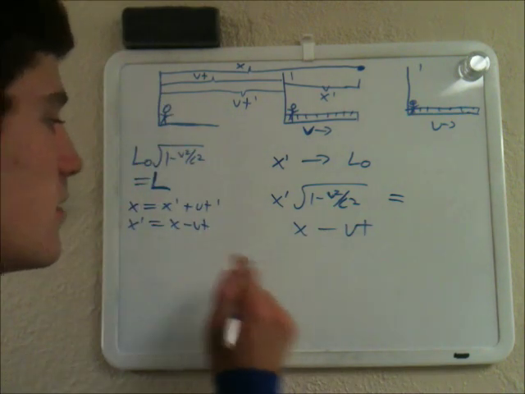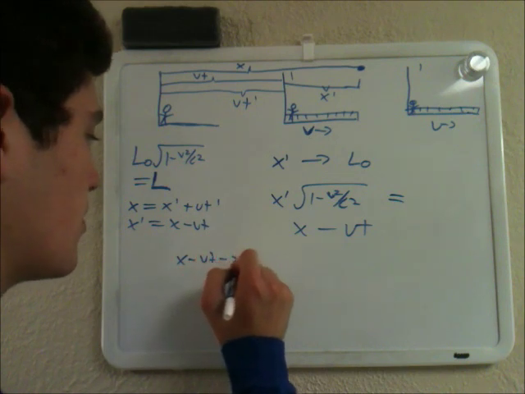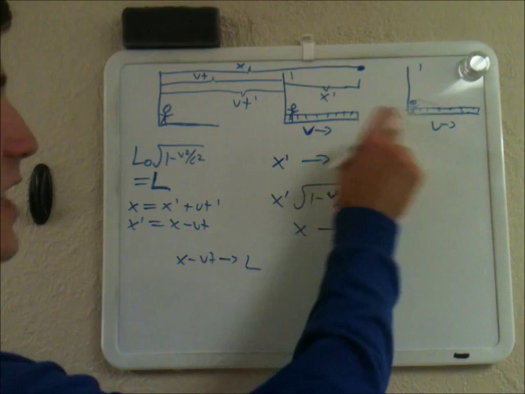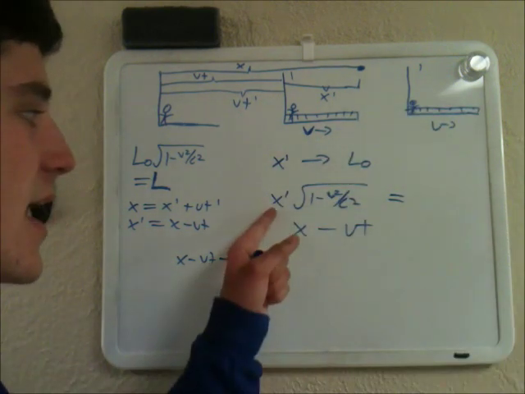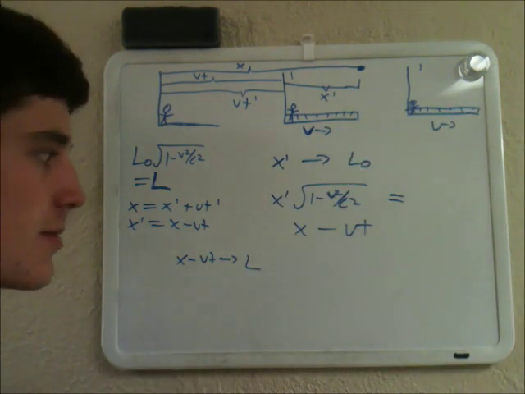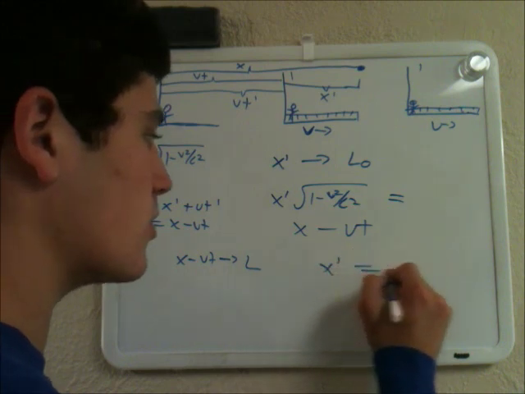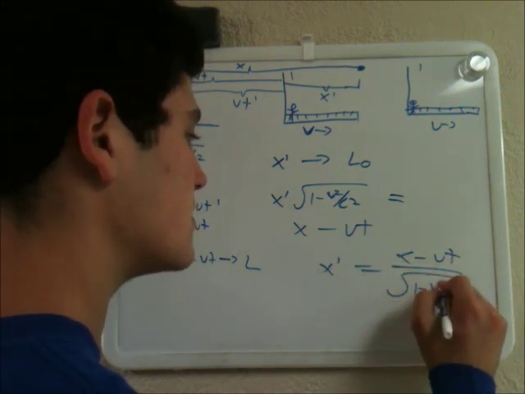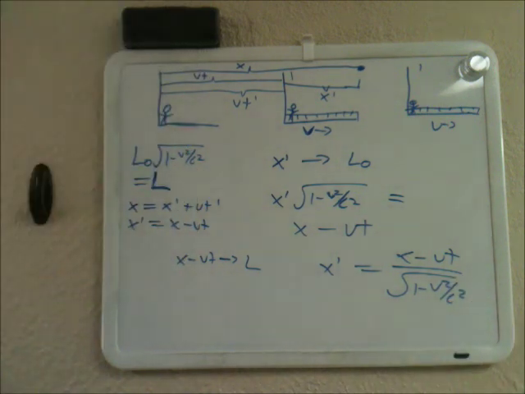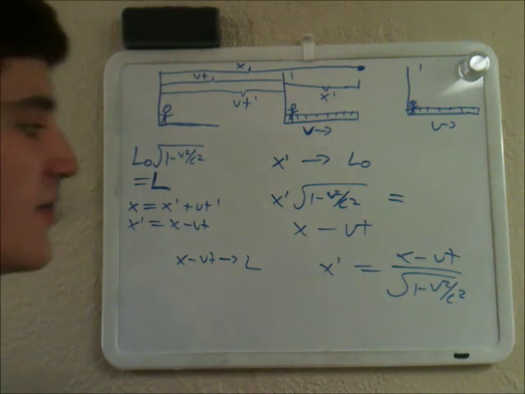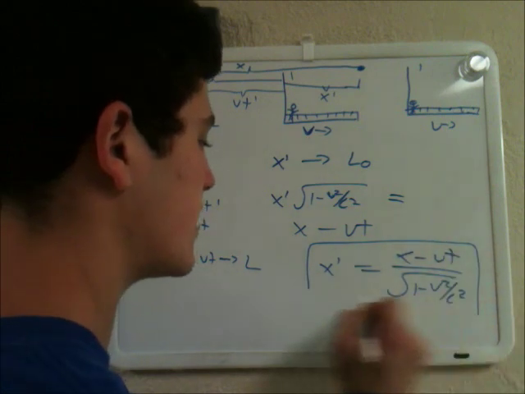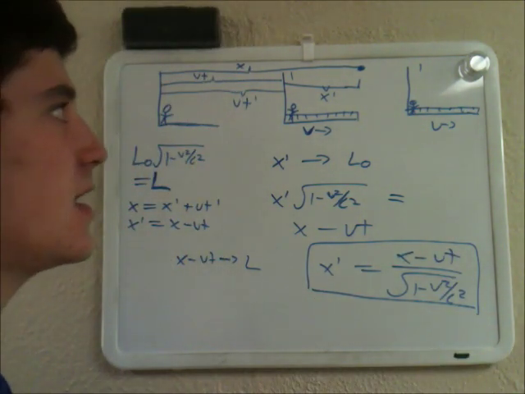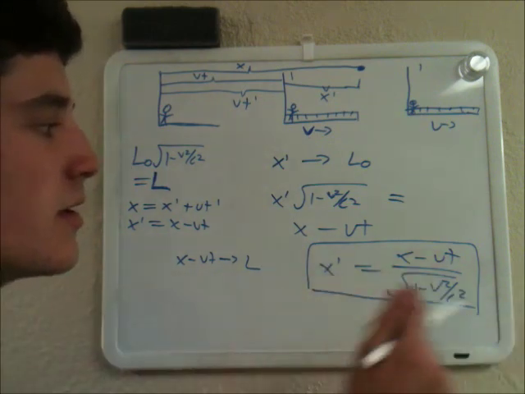This will be the length, because x minus vt is going to replace L, that this person perceives that length to be. And this will be the actual length that is measured in its own reference frame, such that x prime equals x minus vt over the square root of 1 minus v squared over c squared. And this is the Lorentz transformation for length, if there's a measurement being made through a time interval t in a motion.